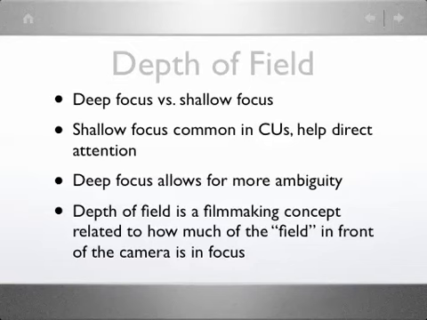So depth of field is another powerful tool that filmmakers can use, along with camera movement and along with the manipulation of the photographic qualities of the film image, in order to present different things in their films.